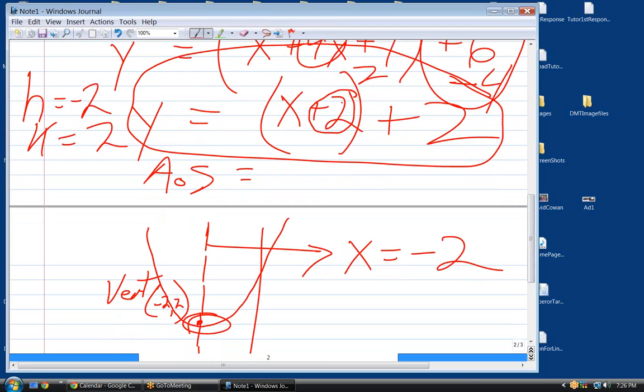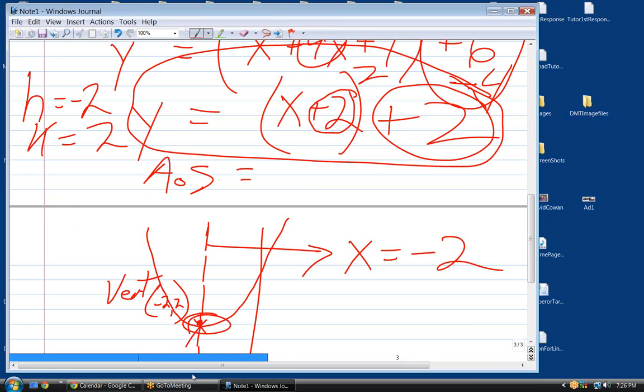H has to be -2 because of that, and k is +2 because of that. So that tells us our vertex is at the point -2, 2, right there. Also tells us that the line of symmetry runs right through the x-coordinate. So x equals -2 is the equation of the line of symmetry.